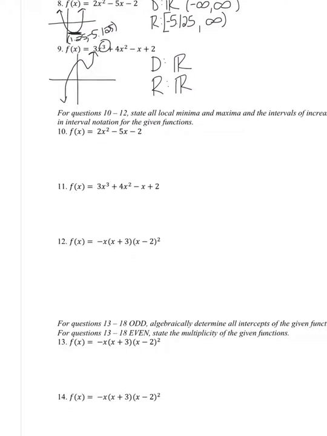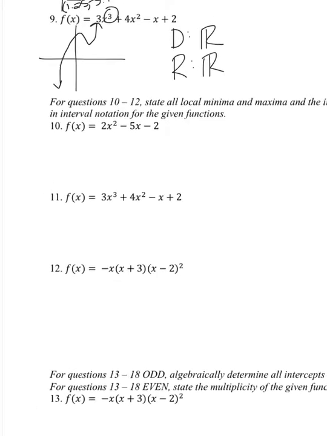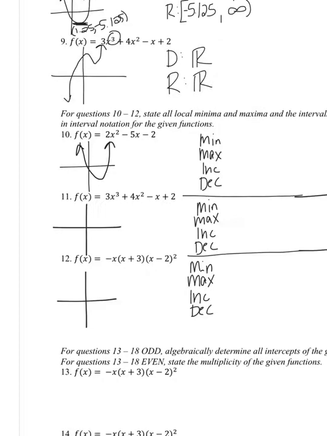Numbers 10 through 12 want the min, max, and then increasing and decreasing. So take a second now again and plug that into your calculator. So I type 10 into my calculator, and that's the function, which we actually already did this one with number 8. So here, you see this is a quadratic, obviously, with x squared being your leading term. And then the number of mins and maxes, you can only have one less turning point than whatever the degree is, which makes sense.